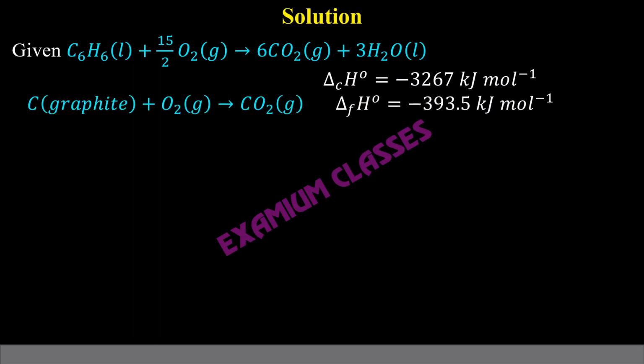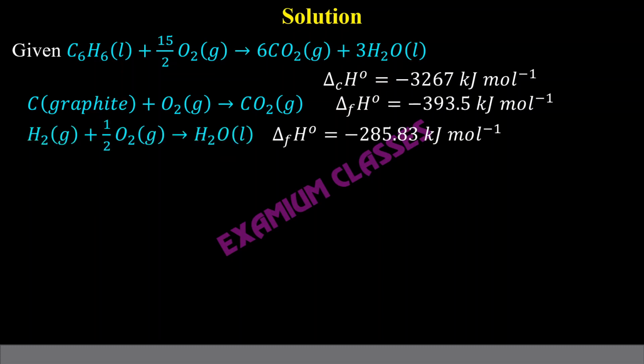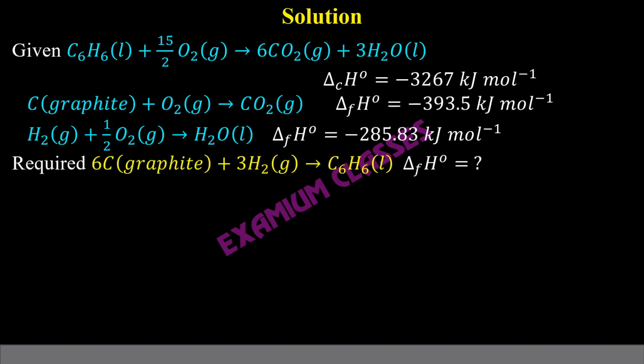Then enthalpy of formation of carbon dioxide, this is the reaction we have talked about, enthalpy is given. Then enthalpy of formation of water, this will be the reaction, value of delta FH given, and this is the required one. So by using these 3 reactions shown in blue color, we have to form the yellow colored equation.